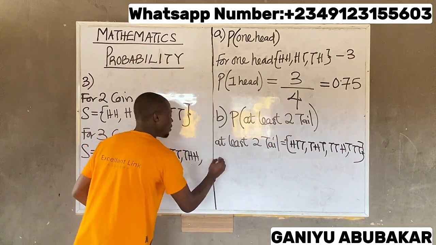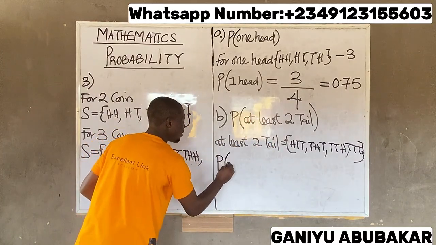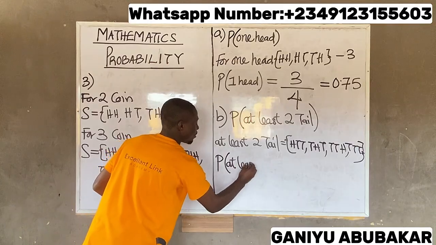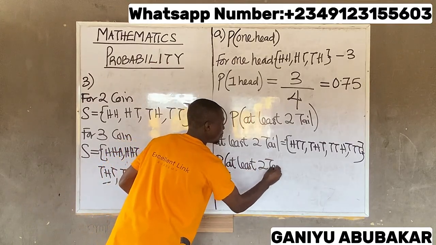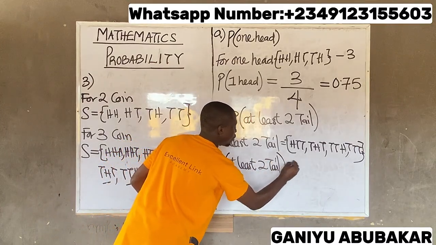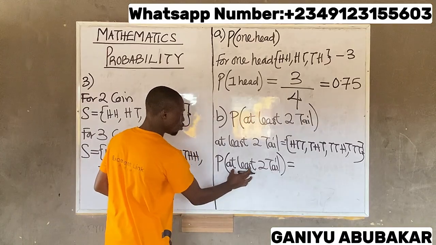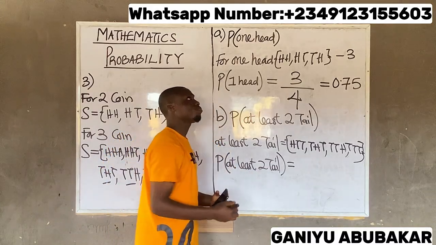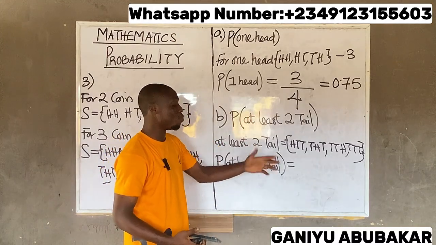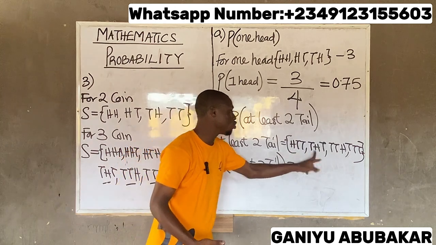Now the probability of getting at least two tails is equal to what? The possible outcomes are 1, 2, 3, 4.